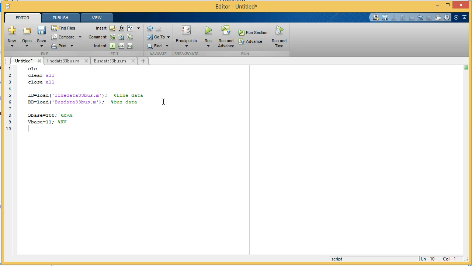Now I can calculate my base impedance, which is calculated by this expression.